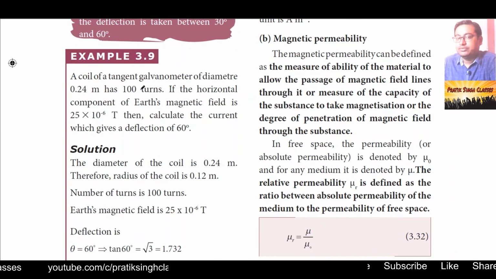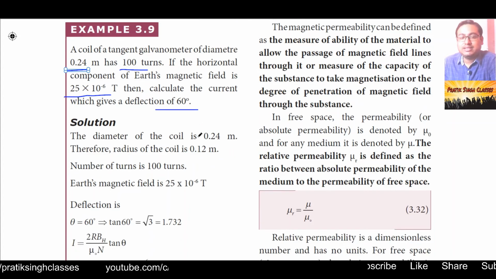A coil of a tangent galvanometer has diameter 0.24 meter and 100 turns. That means N is equal to 100 and D is equal to 0.24 meters. Convert this into radius, that is R is equal to 0.12 meters. If the horizontal component of Earth's magnetic field, that is BH, is equal to 25 into 10 to the power minus 6 Tesla, then calculate the current I when theta is equal to 60 degrees.